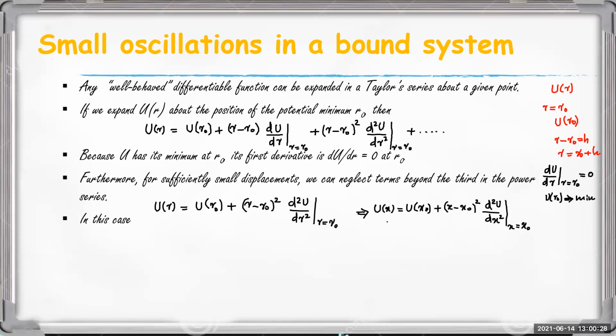So in the case of a harmonic oscillator, what is the potential energy? We write the potential energy of the harmonic oscillator as 1 by 2 k into (x minus x0) whole square.